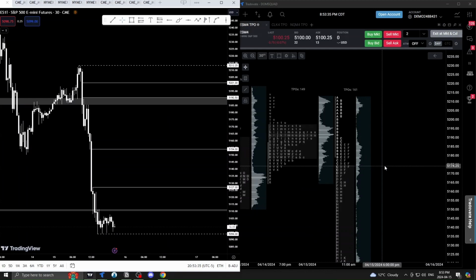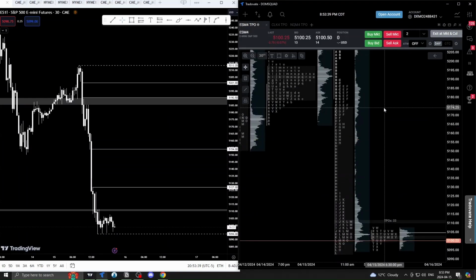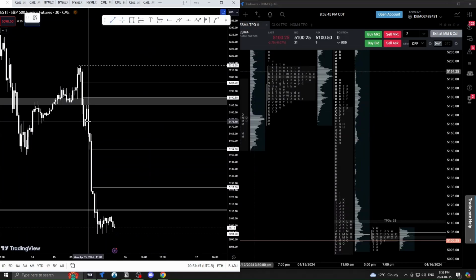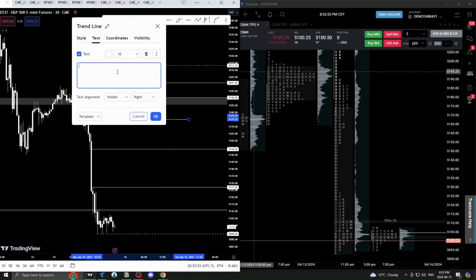Next, the value area high and the value area low. Here's the value area high at 75 even. I'm going to mark this down.